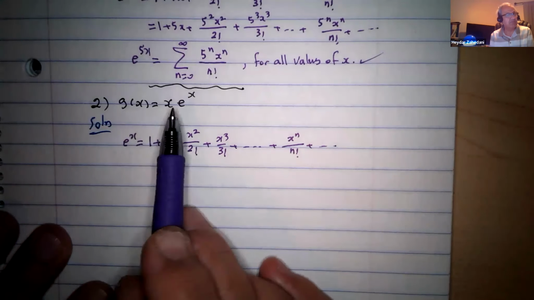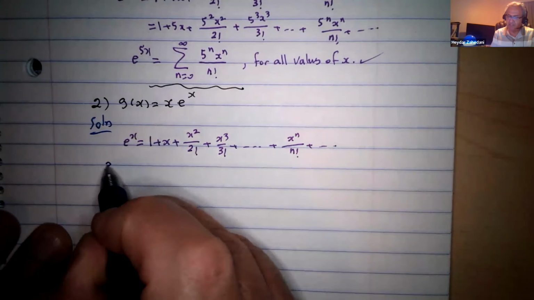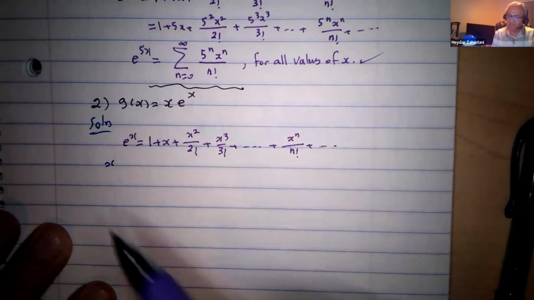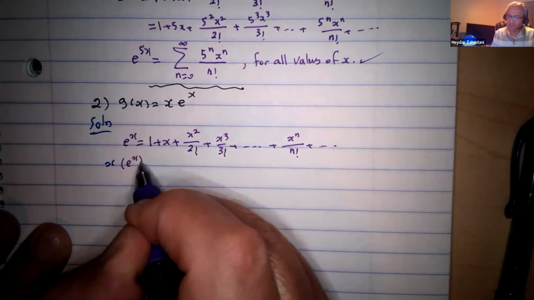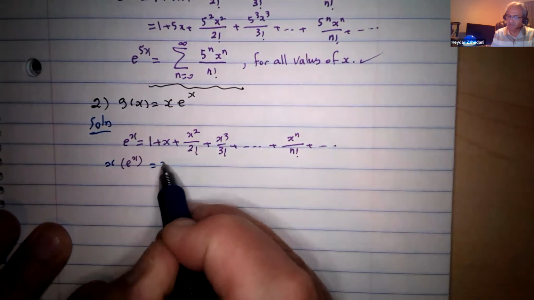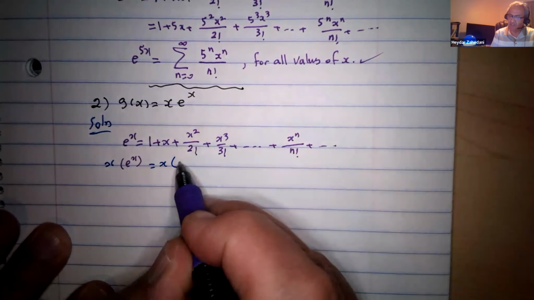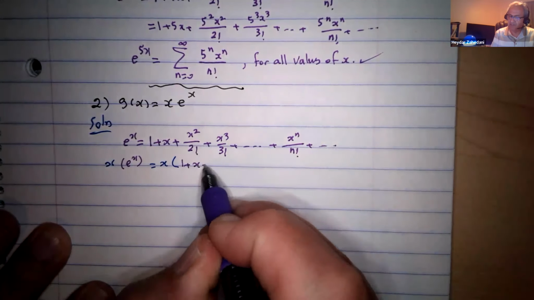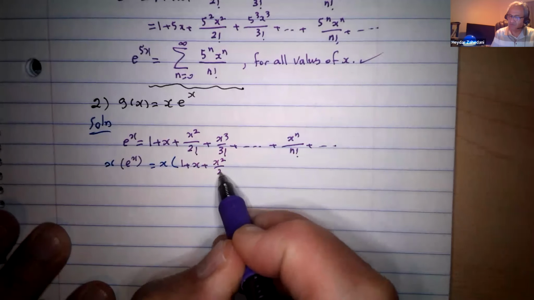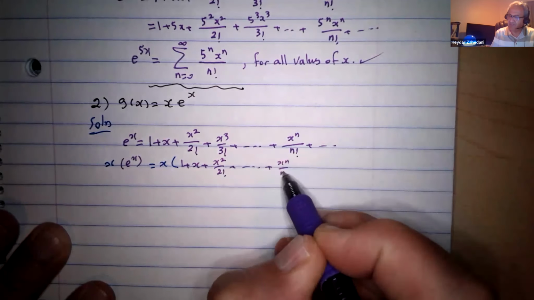Multiply by x. So x times e to the x is going to be x times whatever we have. We can do it right away. x squared over 2 factorial, the general term, x to the n over n factorial.